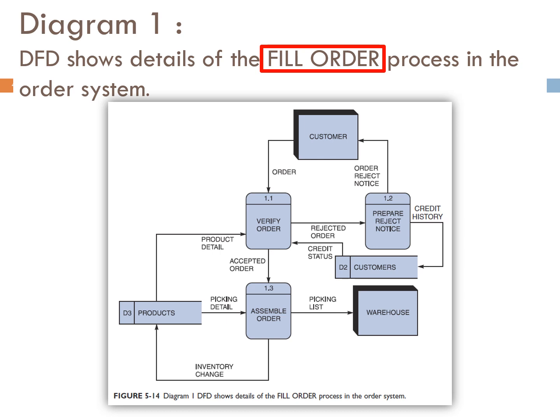You can see diagram 1 consists of two entities which have a connection with process 1. There is one data flow going into the warehouse, and for the customer there is one data flow going in and one data flow going out. So these are maintained.